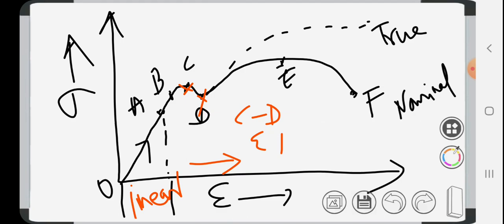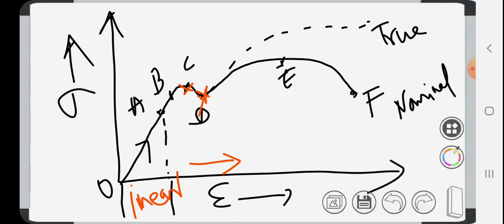From the lower yield point the stress continues to increase. A further increase in the load will cause marked deformation in the whole volume of the material.